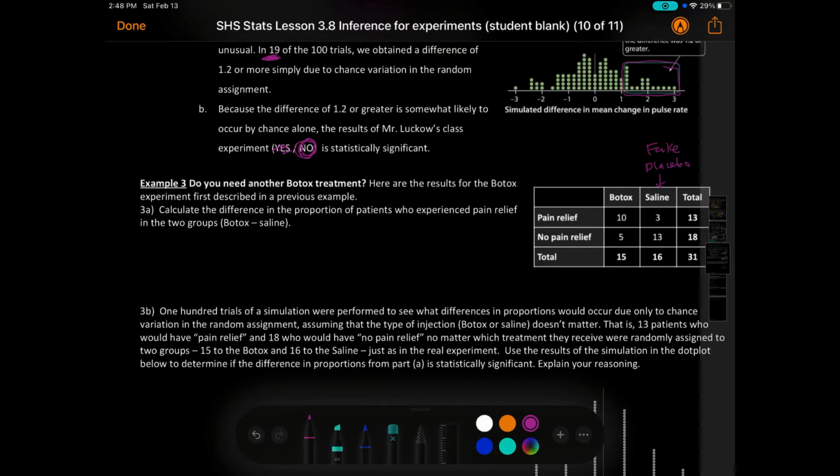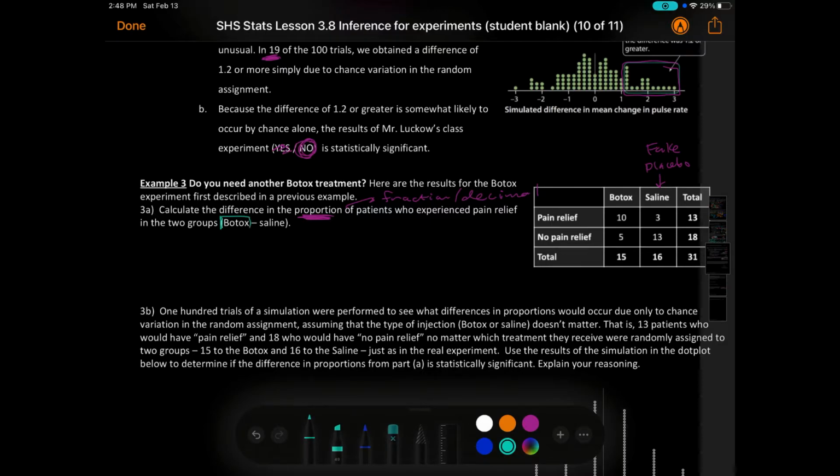Calculate the difference in proportions. Okay, let's review what proportions is. Proportions is just a fraction, which you can get as a decimal. Okay, so calculate the difference in proportions who experience pain relief in Botox. Let's use a different color here.